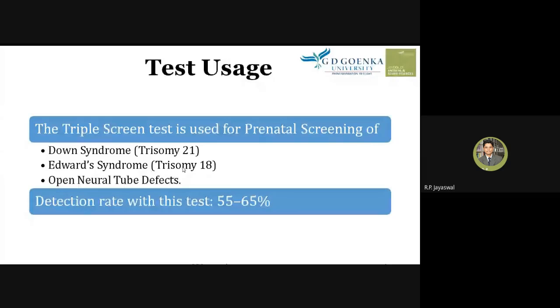Detection rate with this test is 55 to 65%. So if we talk about the triple test, it can detect this condition at the rate of only 55 to 65%.